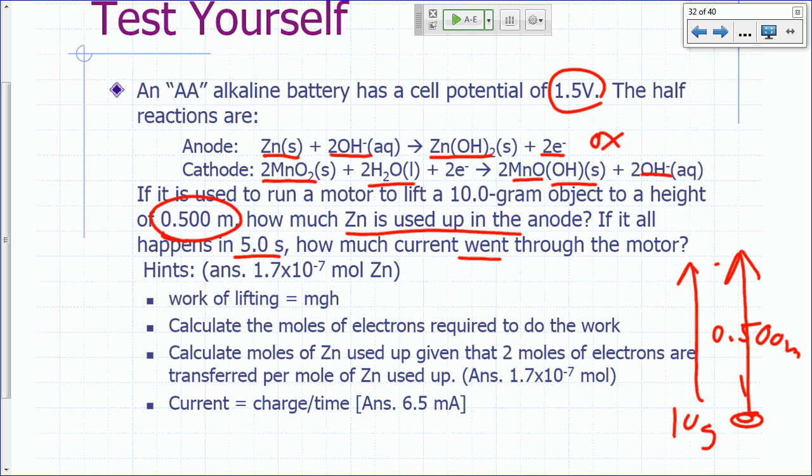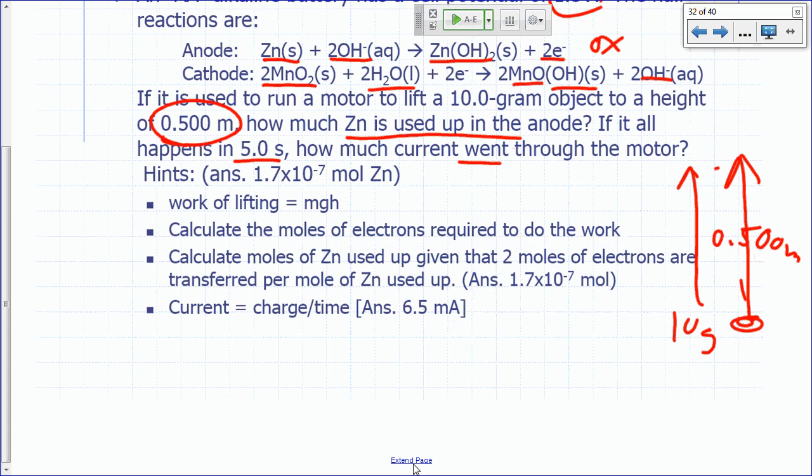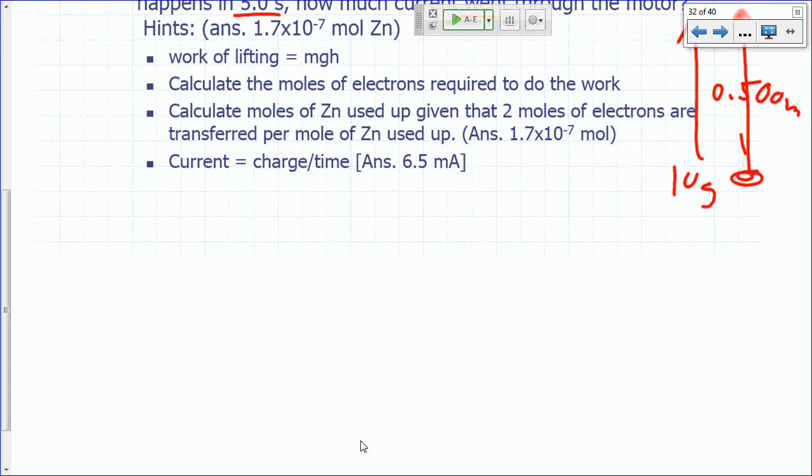So here's the series of calculations you're going to do. First of all, you're going to need to figure out how much energy you need to lift the object. The work that you need to lift an object is equal to force times distance. Remember, the formula for work is force applied over the distance. What force will you be applying to your object to lift it up?